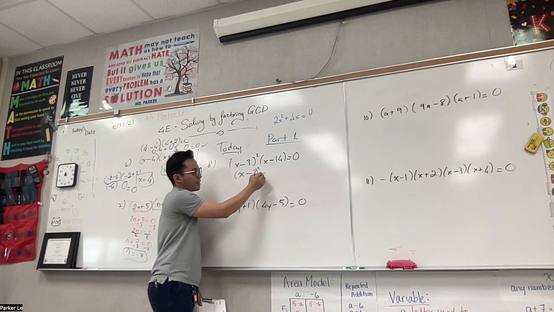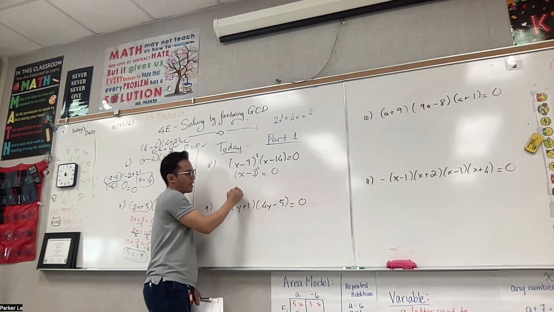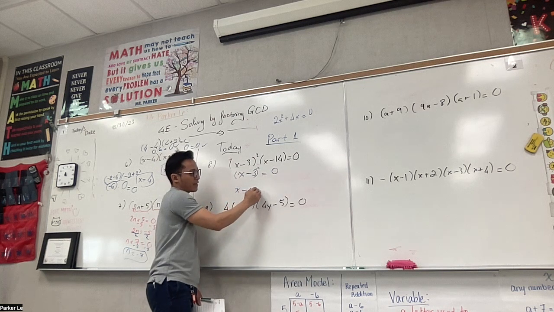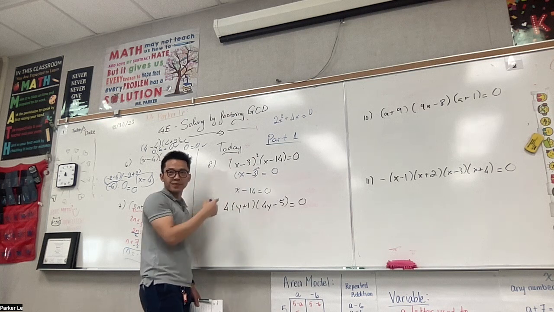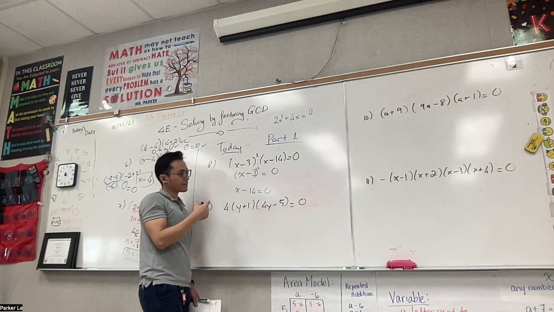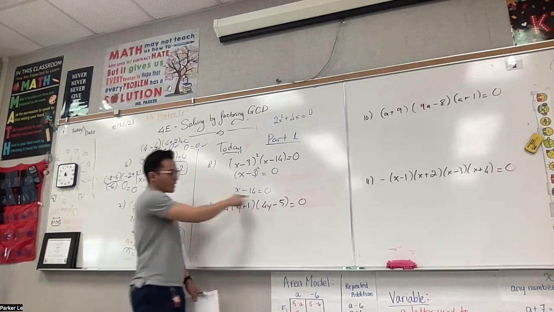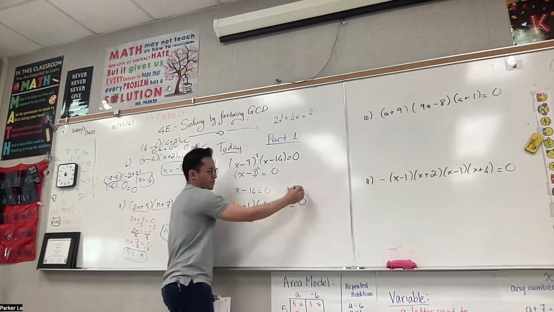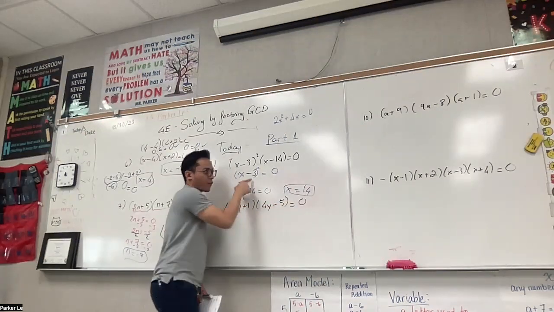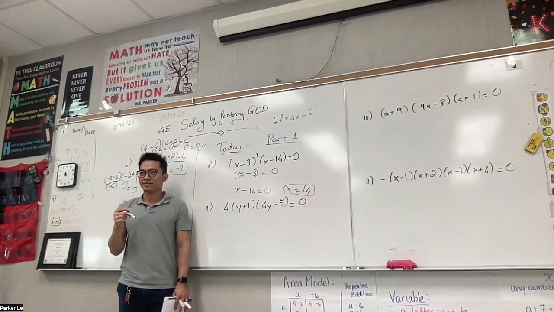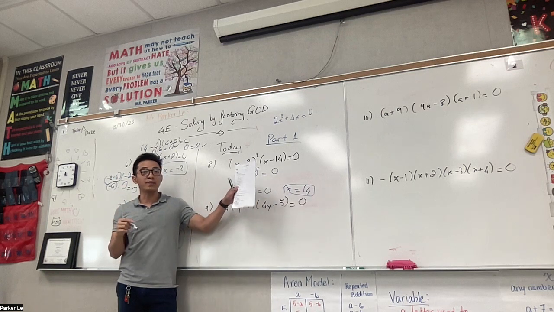Right? And then x minus 3 equals 0, right? How do you solve this one? This one is easy. Let's do this one first. All right, let's just give Fernando 1 point. So I want you all to think about this. What is the answer for this?